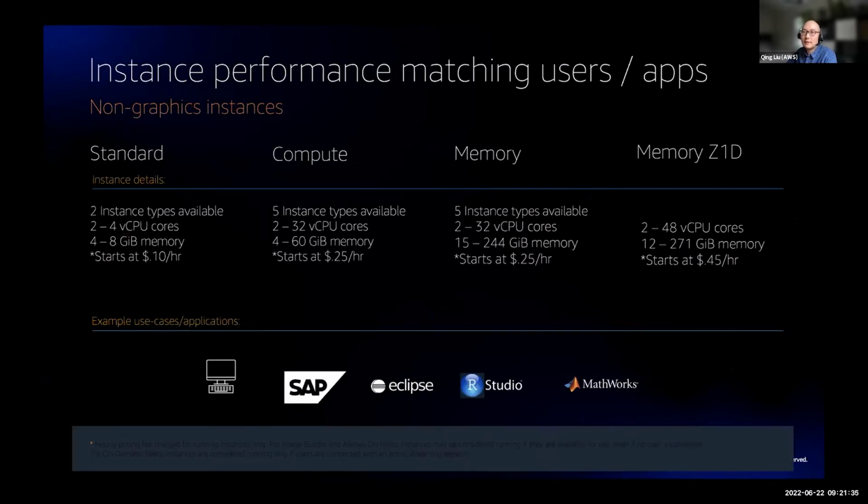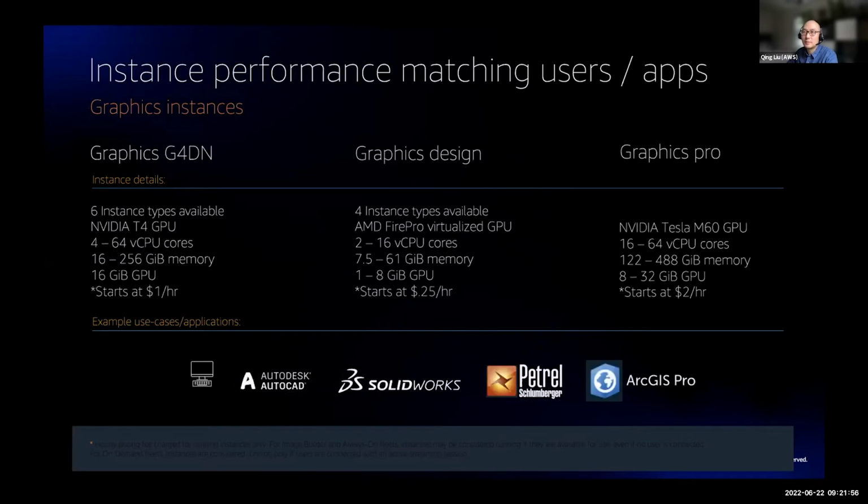As with EC2, we also offer a wide range of AppStream instance types for different workloads. We have standard AppStream instances, compute and memory instances, and for our case, since 3D Slicer works well with a graphics card, we are using the AppStream graphics instances to deploy 3D Slicer.